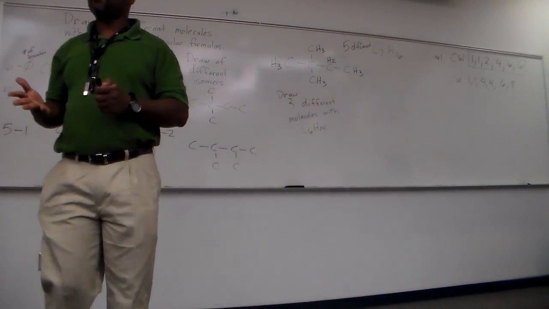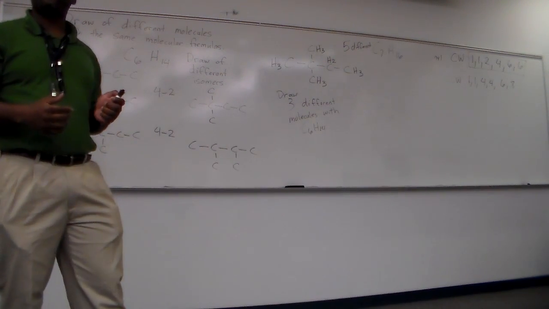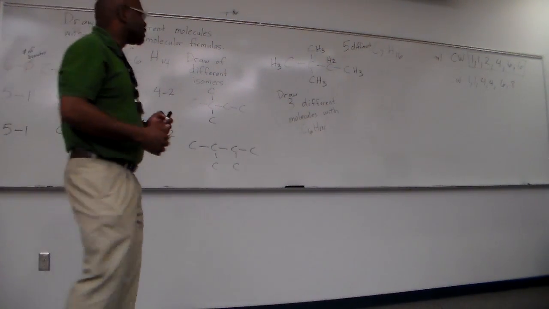Now, how do we do the 5 different? This is the 5 different one for C7H16. What do we start out with?